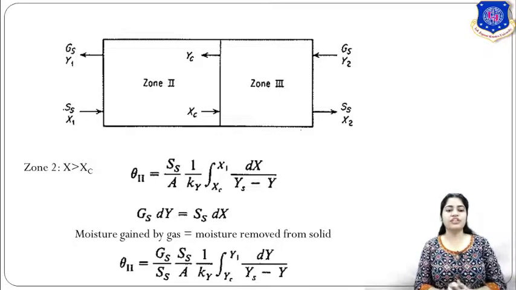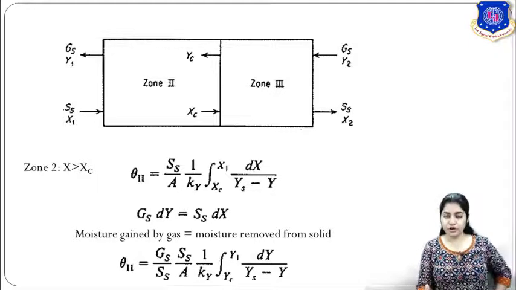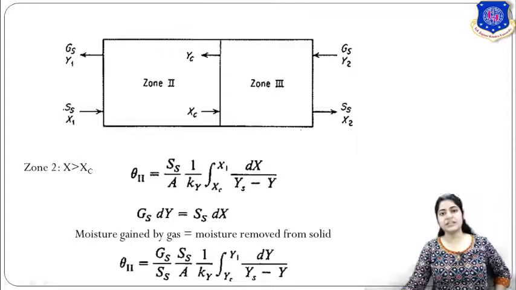Note down Gs and Ss: they are the flow rates of solid and gas on moisture-free terms. Ss is the dry solid weight, and Gs is the mass flow rate of dry air. So the mass balance is Gs dY equals Ss dX.